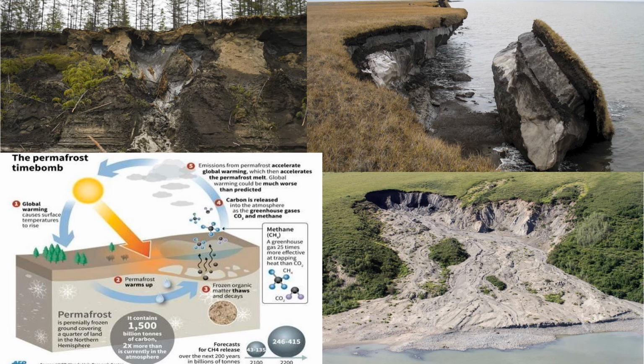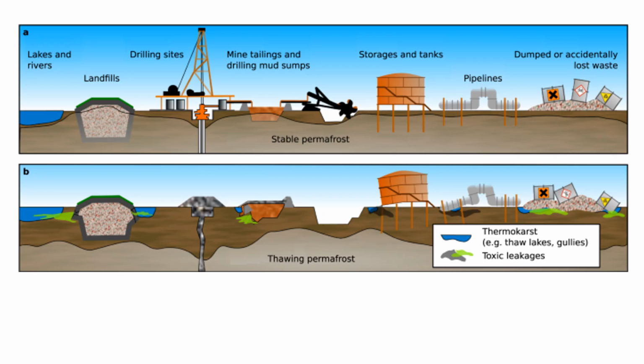And as a consequence, we are seeing changes. These are all images that are showing you the changes that are happening to our landscapes because of permafrost thaw. Here again, another image which shows us what is happening as a result.